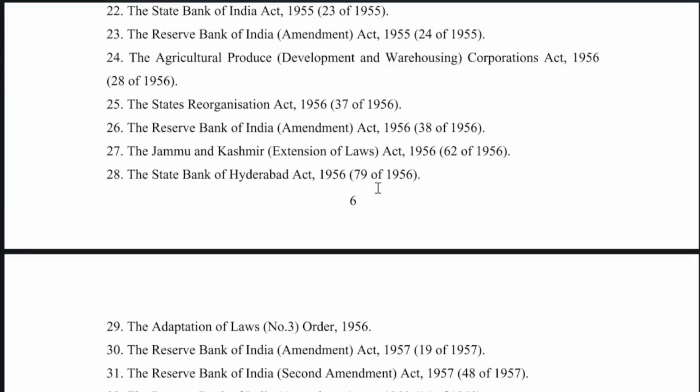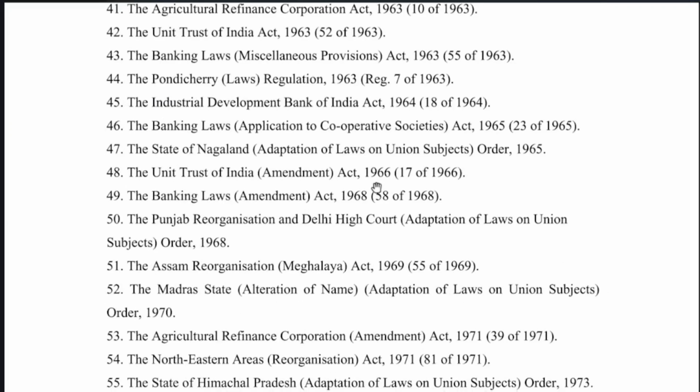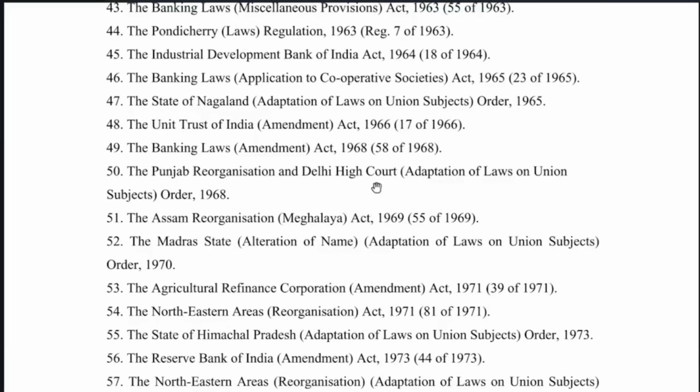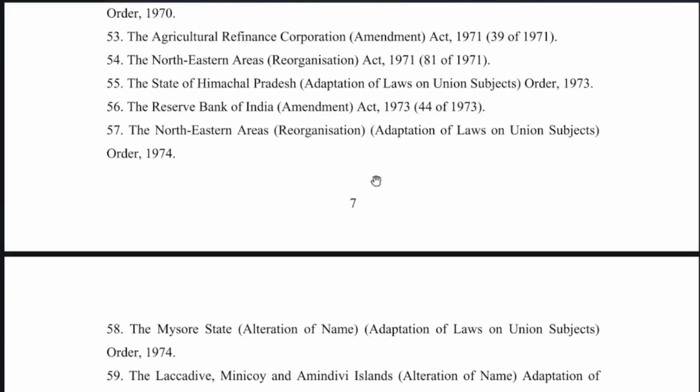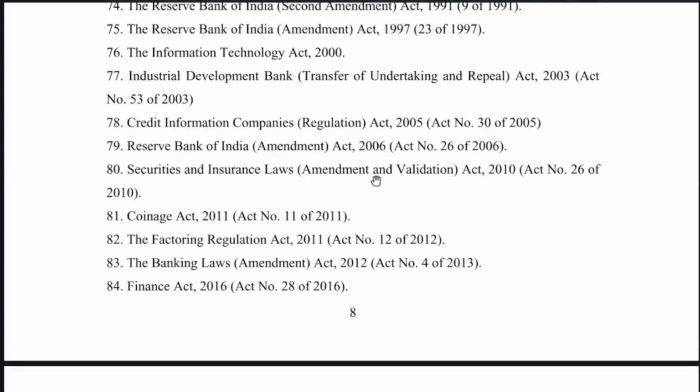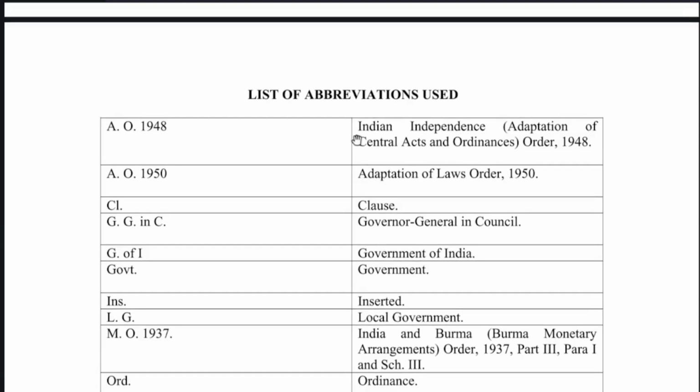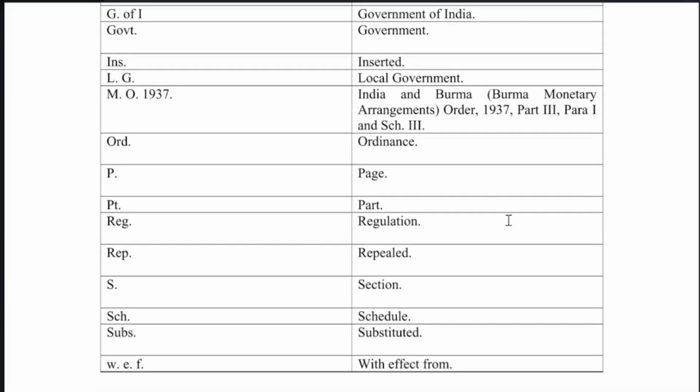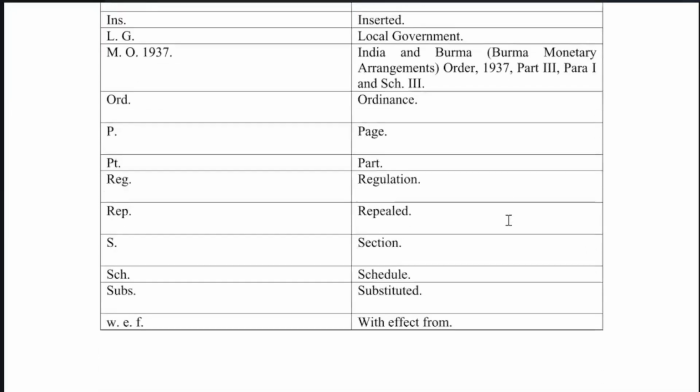And it is also a long list that has to be read along with the RBI Act because the provisions are, you can say, overlapping in nature in some way or the other. Then there is this list of abbreviations that are used at different places in the text of the RBI Act.